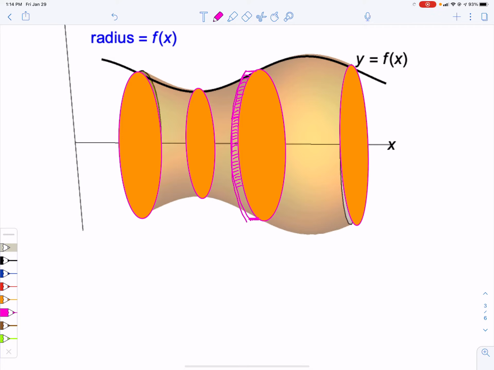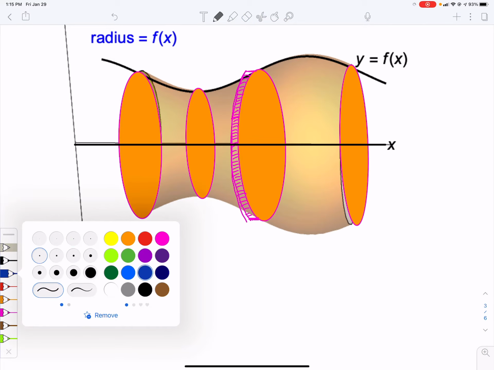A little coin. Now, that has a radius, and it could be drawn, that's a radius, that's a radius. There's a bunch of them, but there's only one that makes sense. Let me redraw the x-axis because it is gone. There it is. The only radius that makes sense is this one.